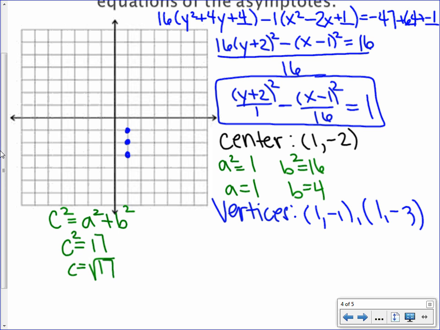So from our center, we're going to go 1, 2, 3, 4, just a tad bit over 4. So our foci: we moved vertically, so we stayed at 1, and from negative 2, we went a positive radical 17 and a negative radical 17. Remember, I will let you write those points together if C is irrational.